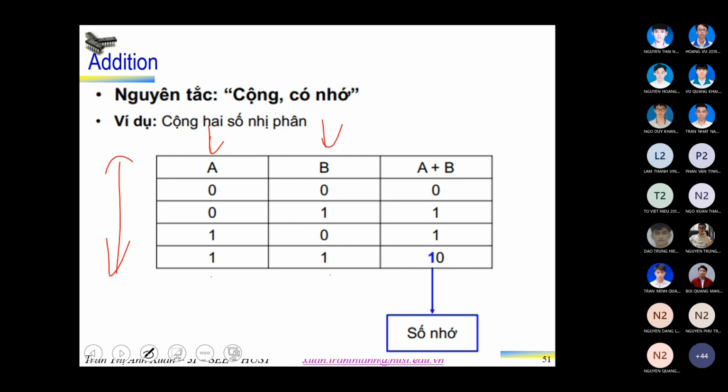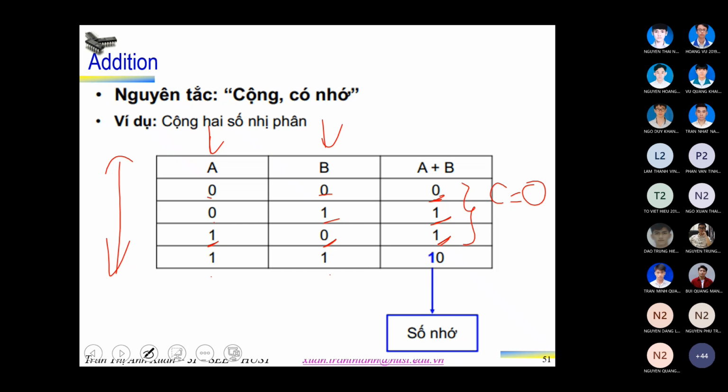So 0 plus 0, the sum is 0. 0 plus 1 equals 1. 1 plus 0 equals 1. And for these, the carry out is equal to 0.